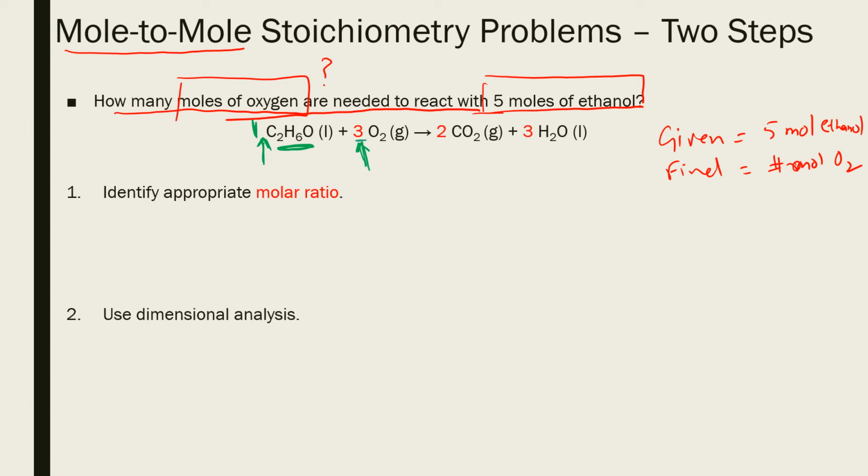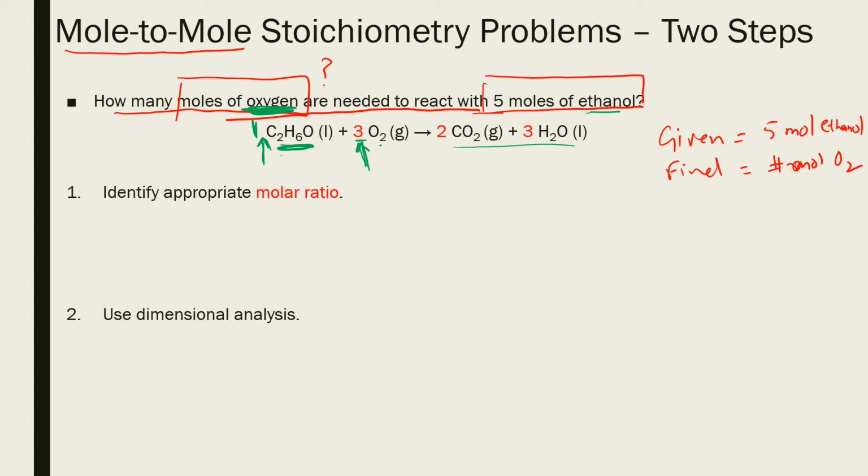So the mole to mole relationship between ethanol and oxygen is 1:3. And why are we using ethanol and oxygen? Because that's what we need. The problem asks us to find oxygen from ethanol, so we are ignoring the others. We don't need to look at what's happening with the others.